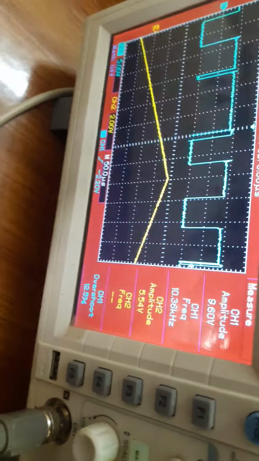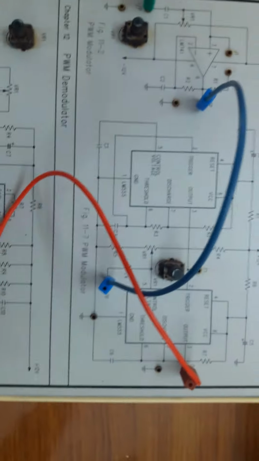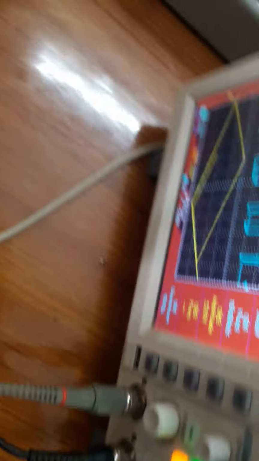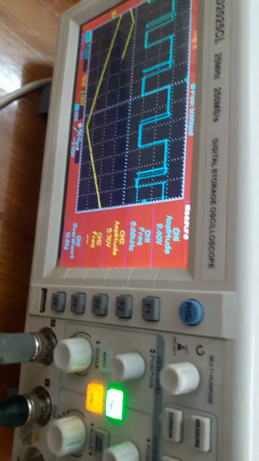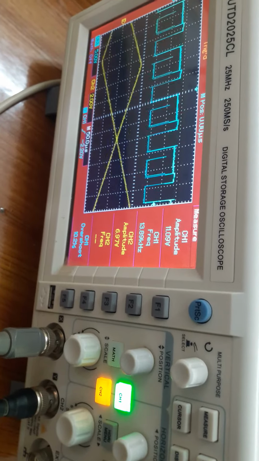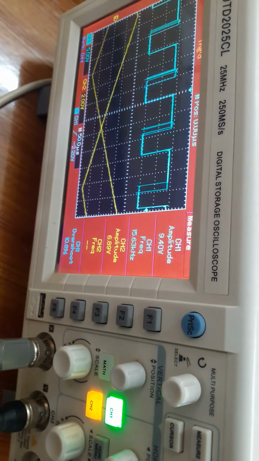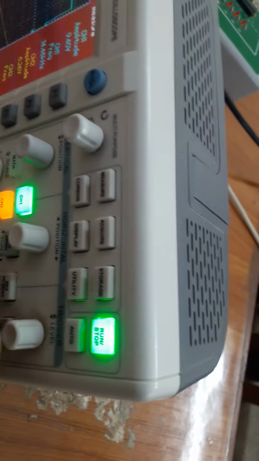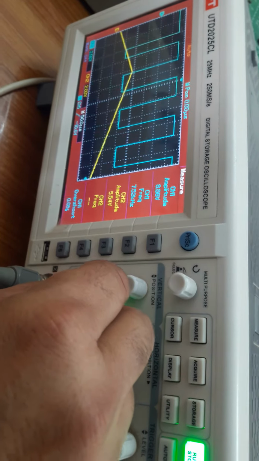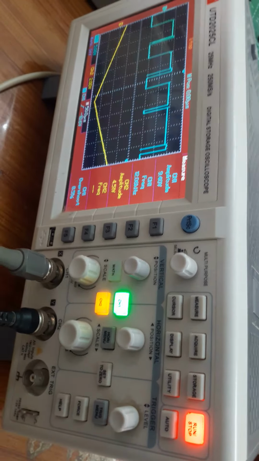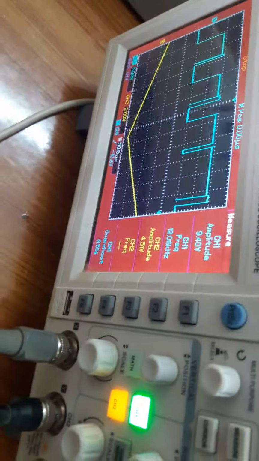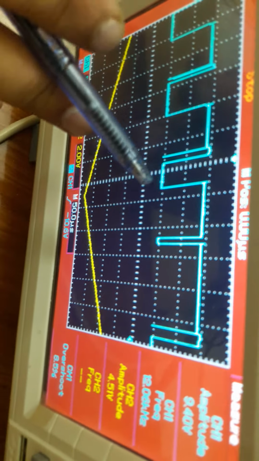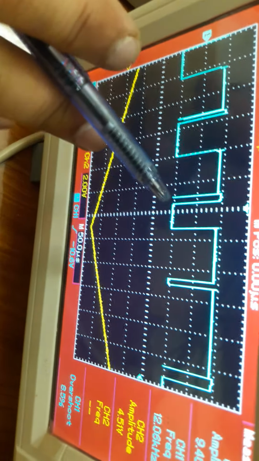This is our output signal, which is given from the 555 timer IC pin number 3, and here you can see when the input side cycle is going down, the pulse width in the lower side is very low.